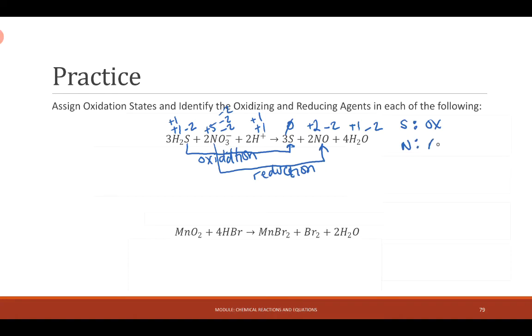Nitrogen is being reduced. Now when we define our oxidizing agents and our reducing agents, we have to really give the entire chemical species. Since H2S is causing the reduction of nitrate, H2S is the reducing agent, and NO3- is our oxidizing agent.